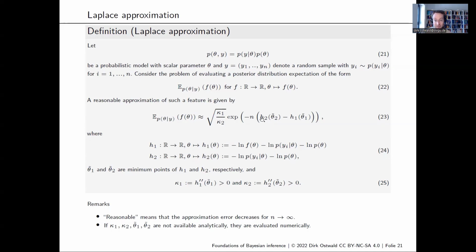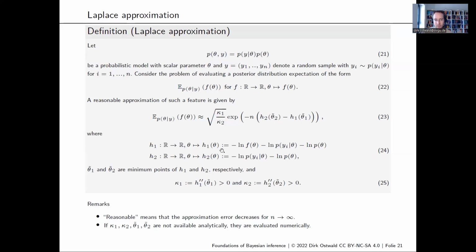The question is, of course, what are these things, and how is it that we do not need the posterior density if we want to evaluate a Bayes estimate? These h1 and h2 are defined here.